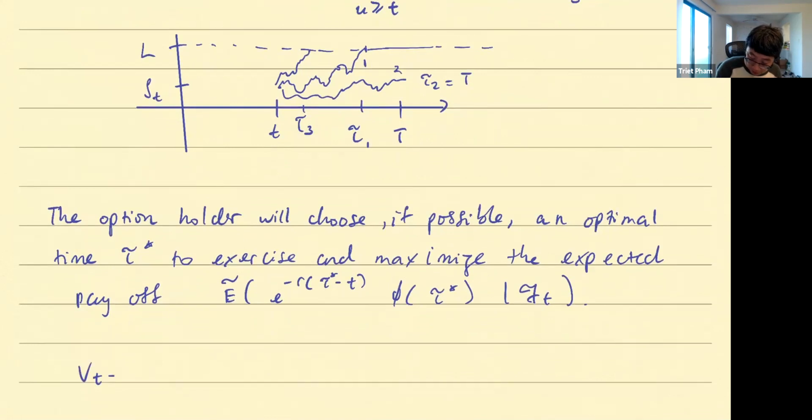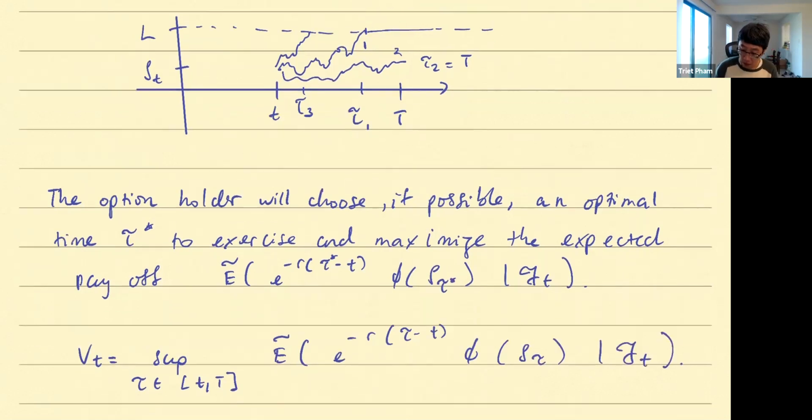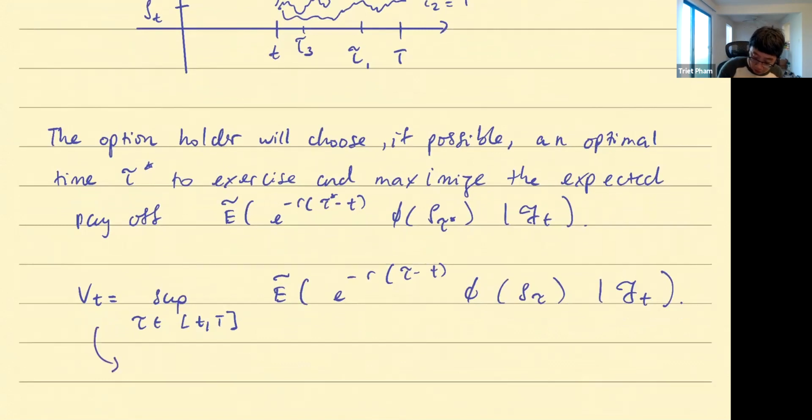So in other words, V_t will be the max or the sup over all tau from time little t to time big T of the expected payoff, sorry, not tau, as tau star. And this will be our definition of American option.